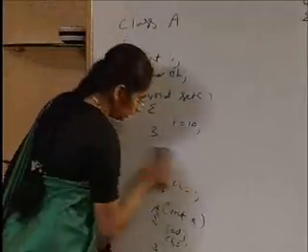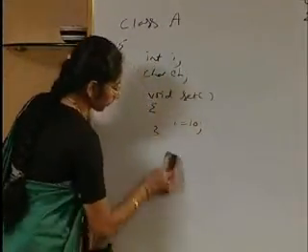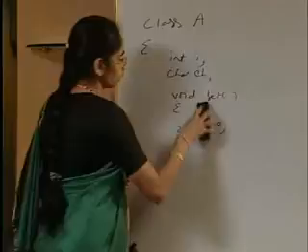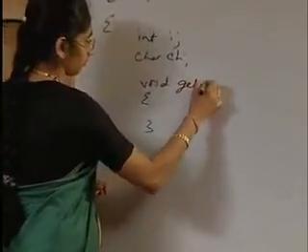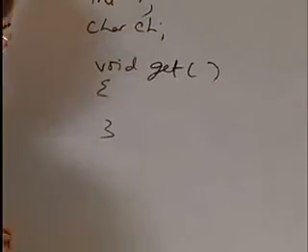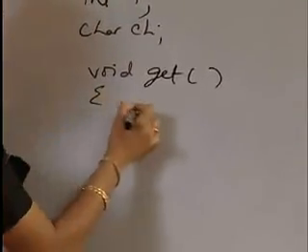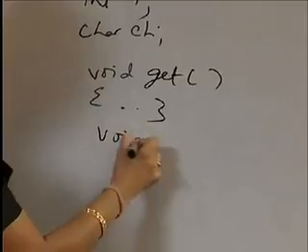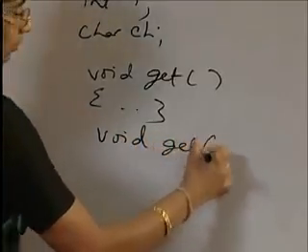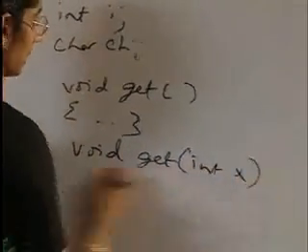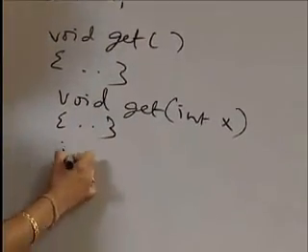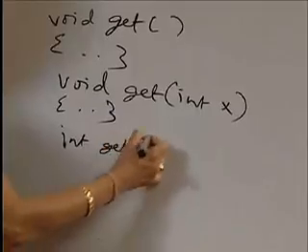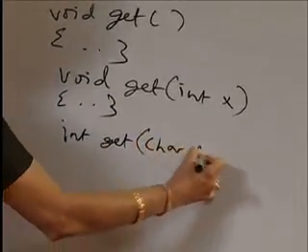For example, let's say we have a get method. So we can have void get, void get of int, for instance, int get of char.